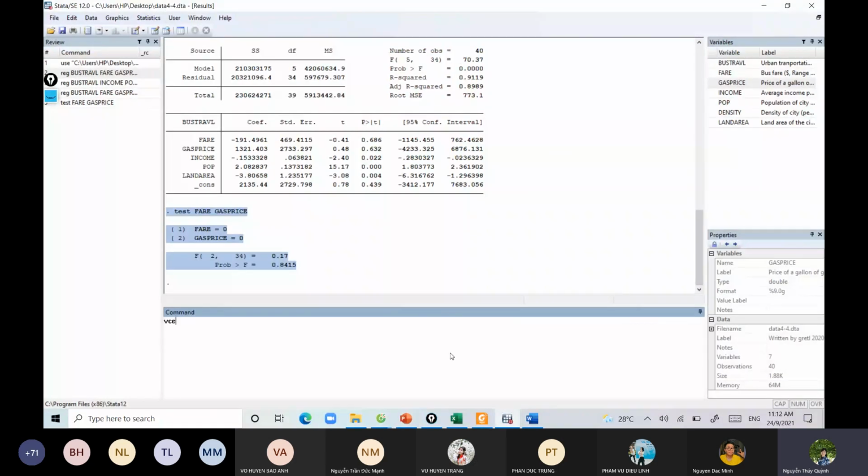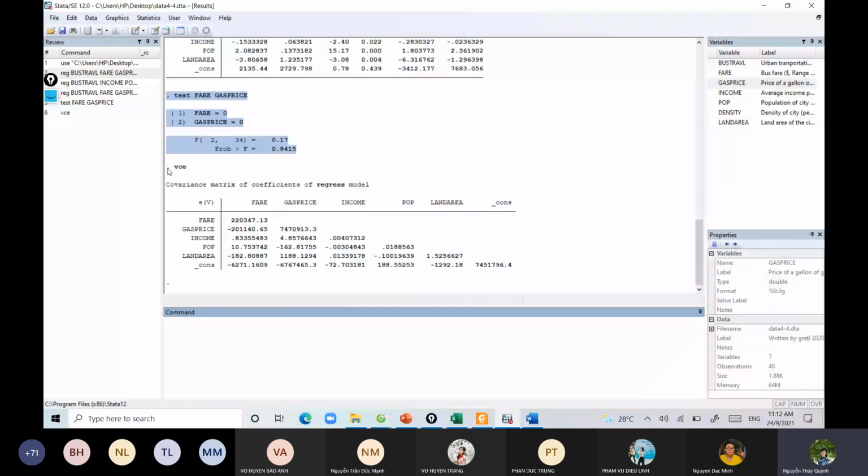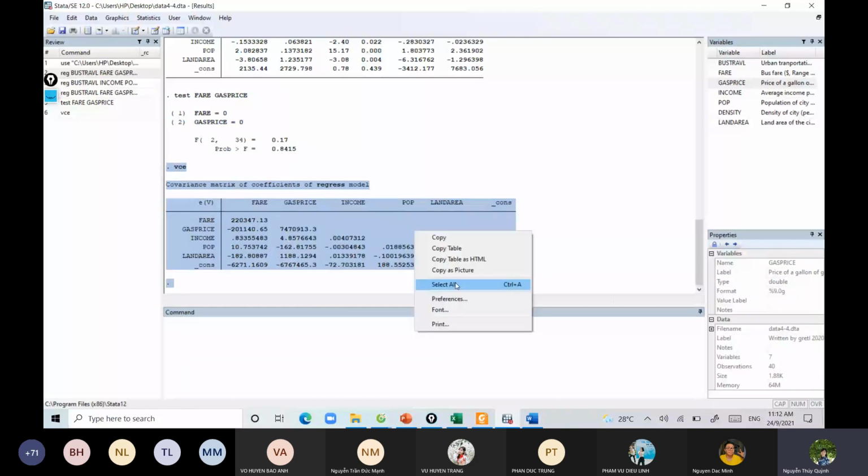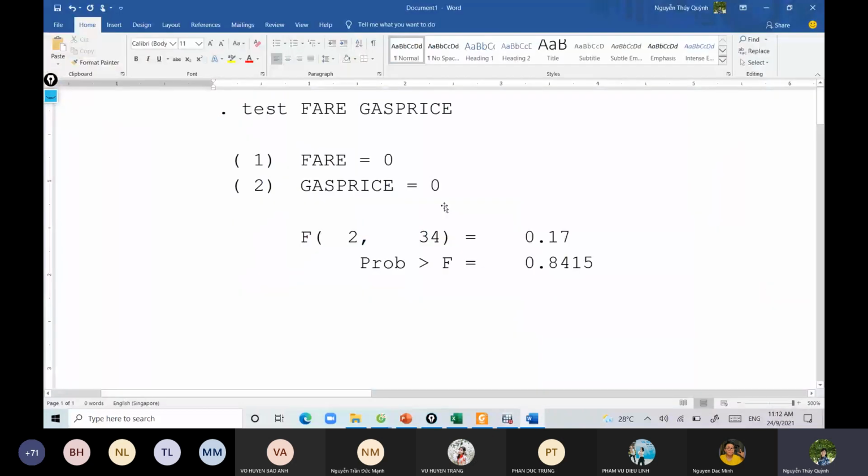After you have regressed the model, you run the command VCE and press enter. All right, you will get the covariance matrix of the regression coefficients. Copy as picture. Now delete this one and paste this one here.